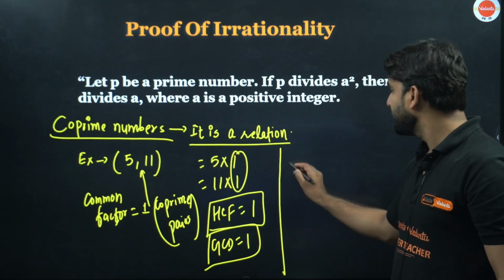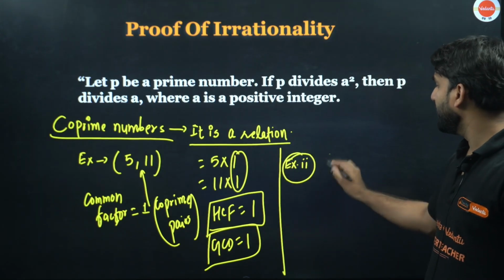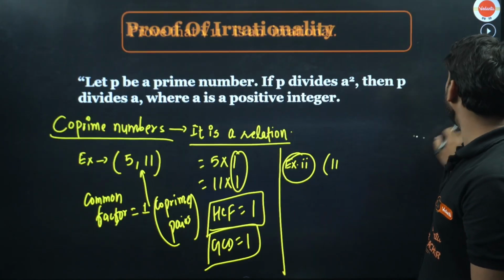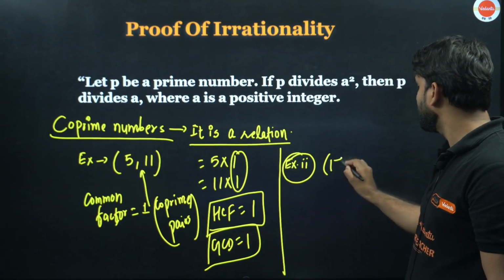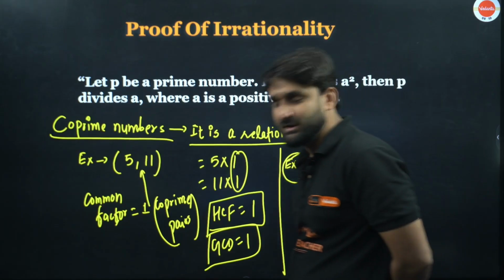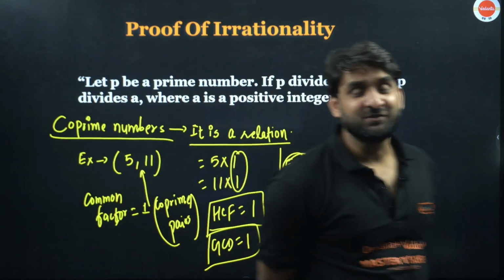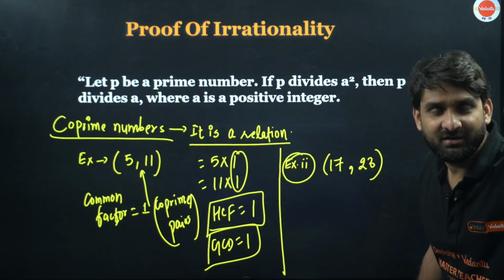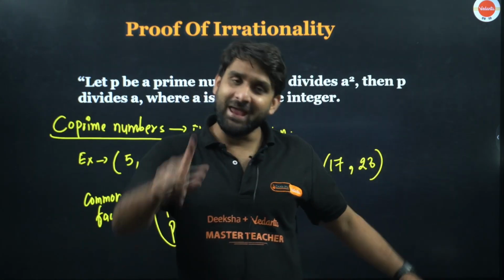A few more examples. Example number 2: many co-prime pairs are there. For example, 17 and 23. If I ask you which number can divide 17 as well as 23, there is no other number except 1.